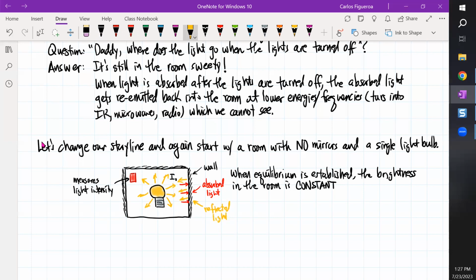So because there's constant emission of light, what we're going to see here is that we have less reflection and we have more absorption.